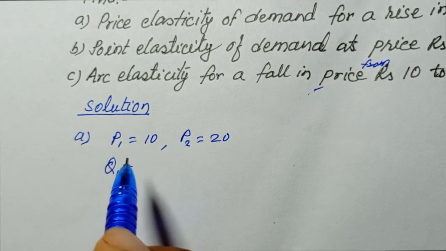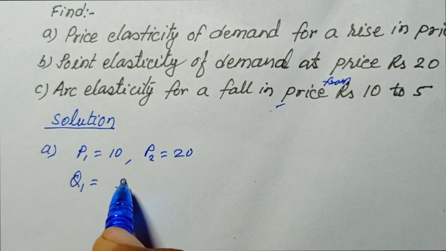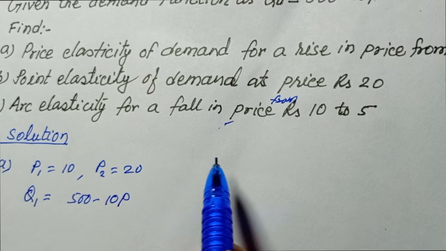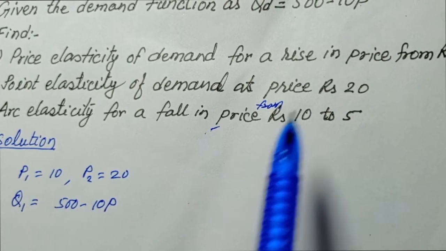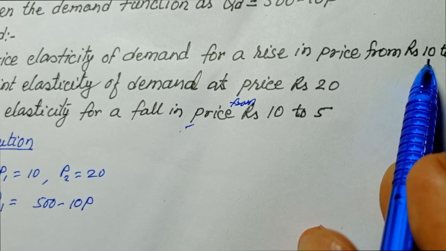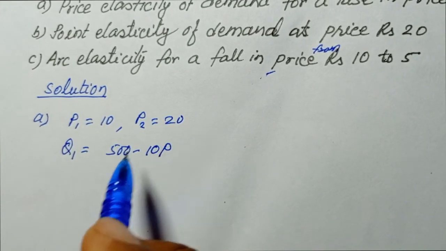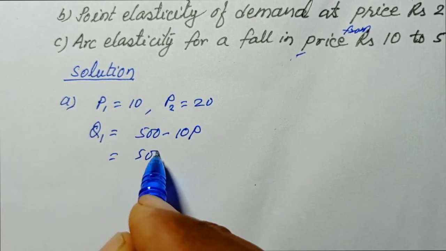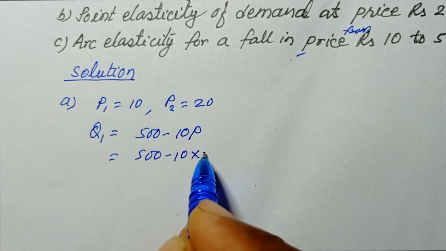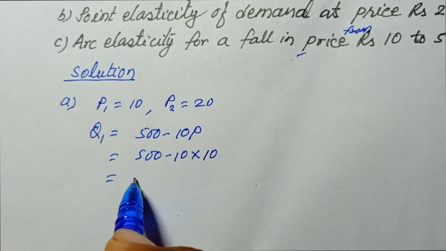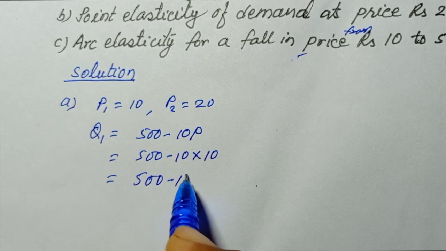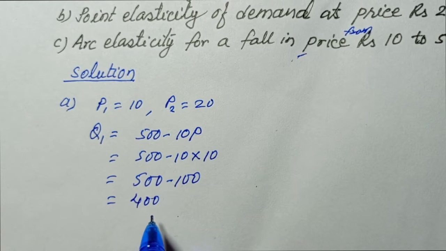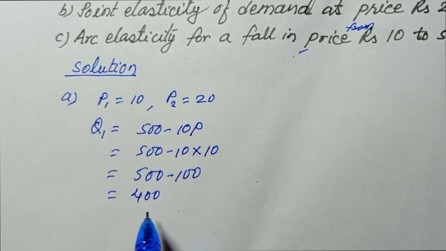Q1 is equal to 500 minus 10P, which means you should write the initial price in place of P. You should write this initial price 10 in place of P, and your first quantity will be 500 minus 10 into 10, which is equal to 500 minus 100, or is equal to 400. This one is the initial quantity when the price was equal to rupees 10.